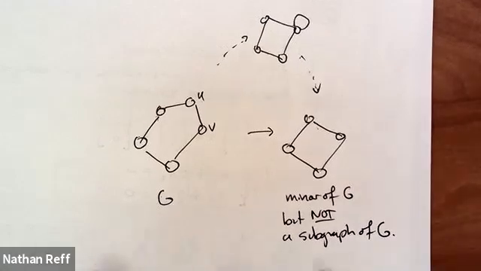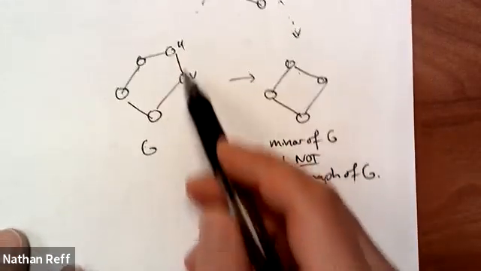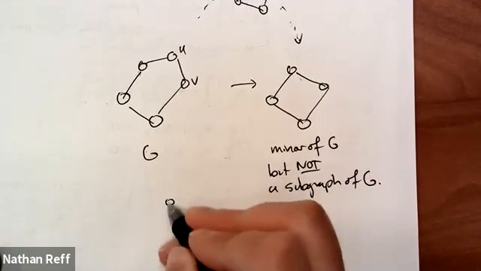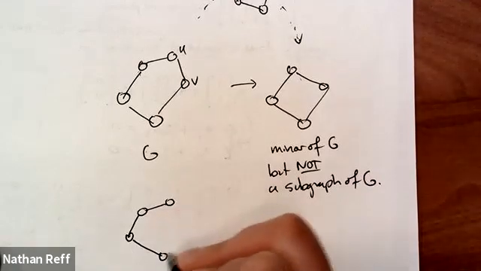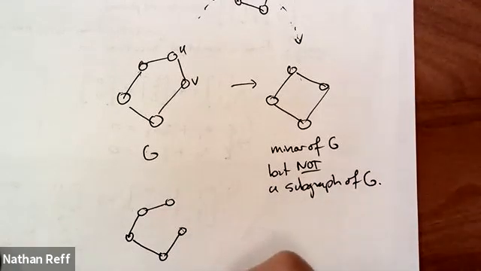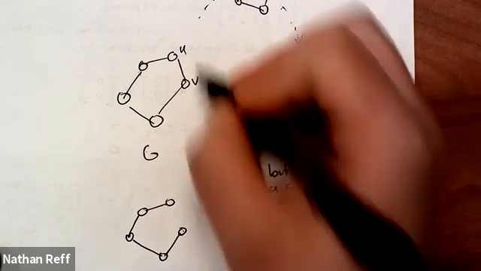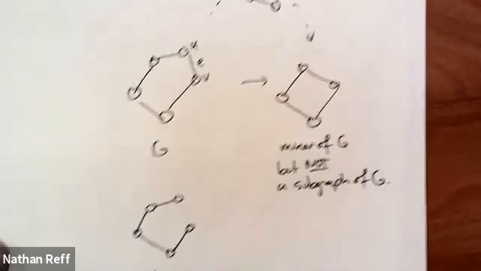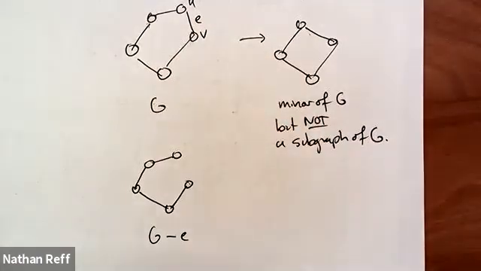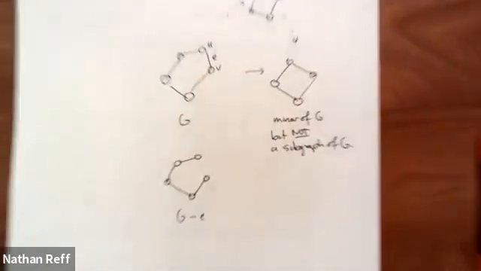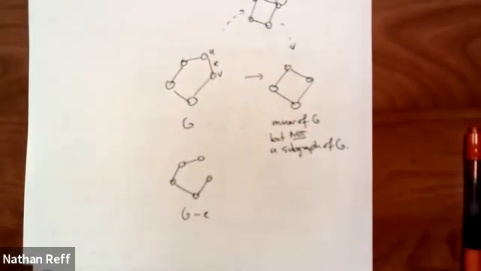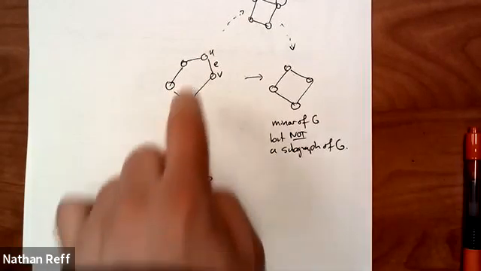All I was pointing out is if I took an edge and I deleted it, that would be a subgraph, right? G delete E. Does everyone agree that this is a subgraph of the original? This one's a subgraph of this, right?